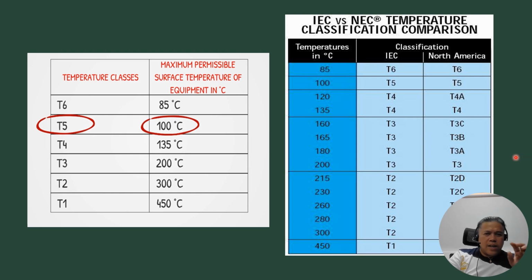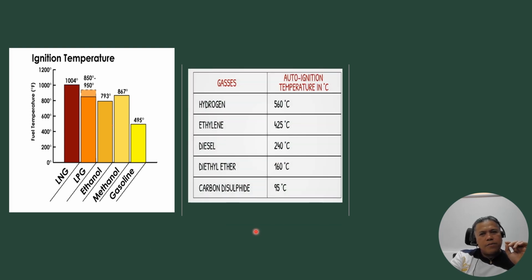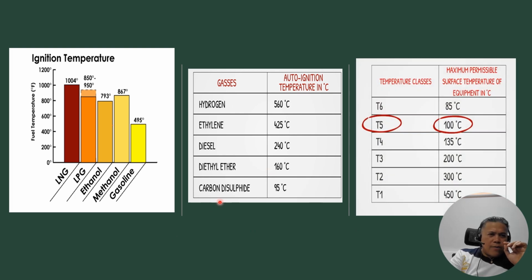So you can see here the temperature classes from T6 down to T1. You can see the maximum surface temperature also, right? Then I will show you the chart of the ignition temperature, so that you have an idea what the ignition temperature is. These are the gases, this is the auto ignition temperature, and this is the temperature class of our equipment.